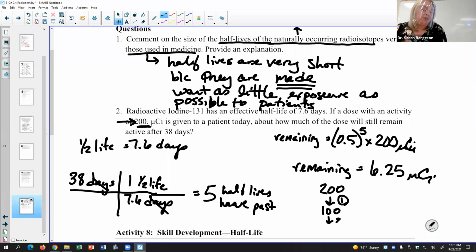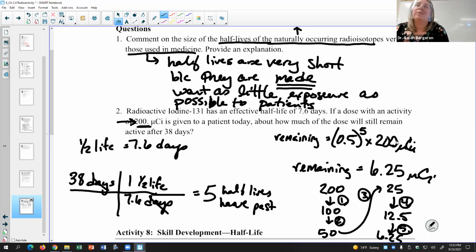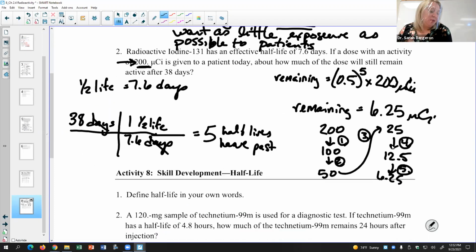So 1, 2, we get 50. 3 would be 25. 4 would be 12.5. 5 would be 6.25. So either way, you get the same answer. So don't freak out.